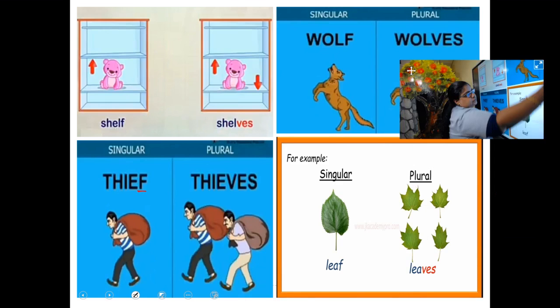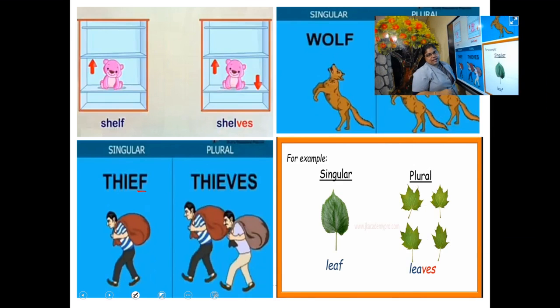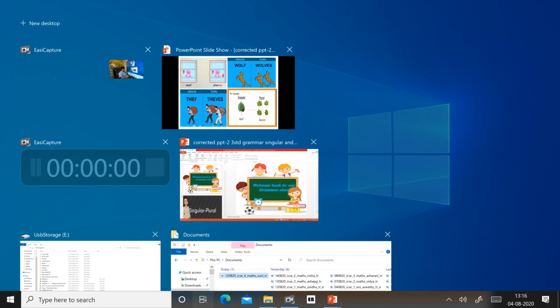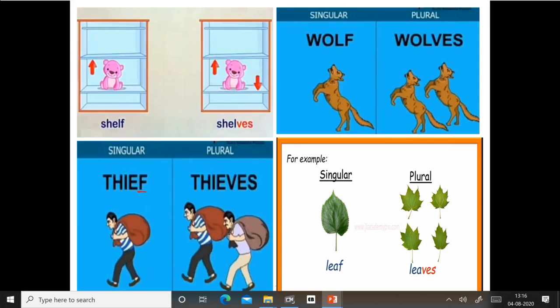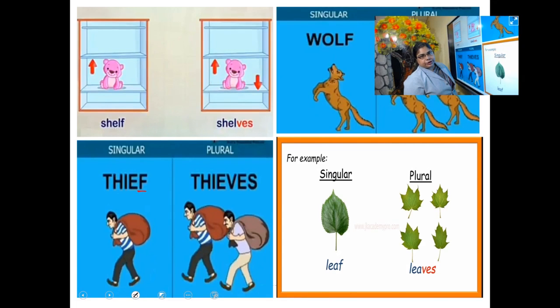And look here. What is in the first picture? Yes, one leaf is there. One leaf we want to turn to many, right? The last letter, again, is F. So what are you going to do? Yes, you remove that F and then add VES to that word.